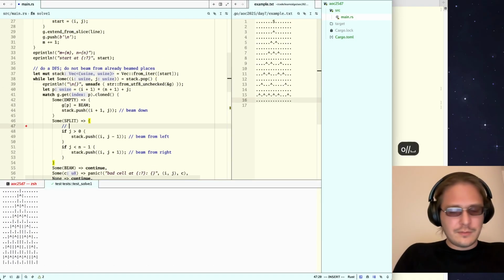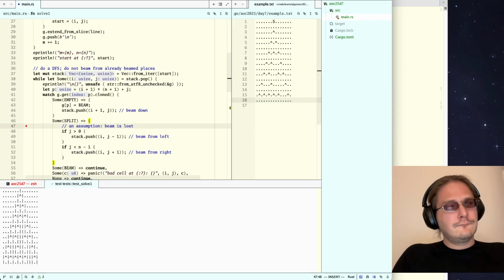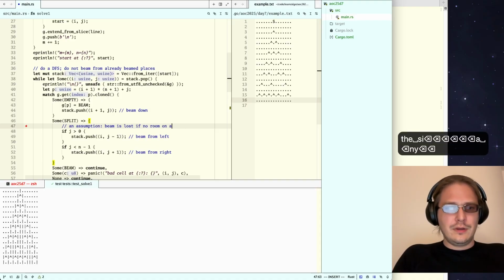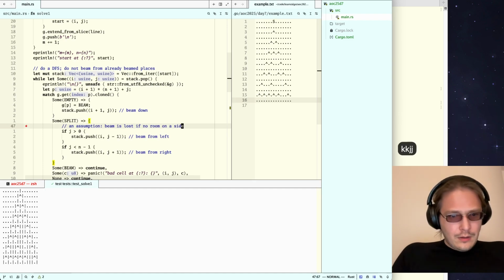Let's write down the assumption here. Assumption: beam is lost if no error on this side. Okay.